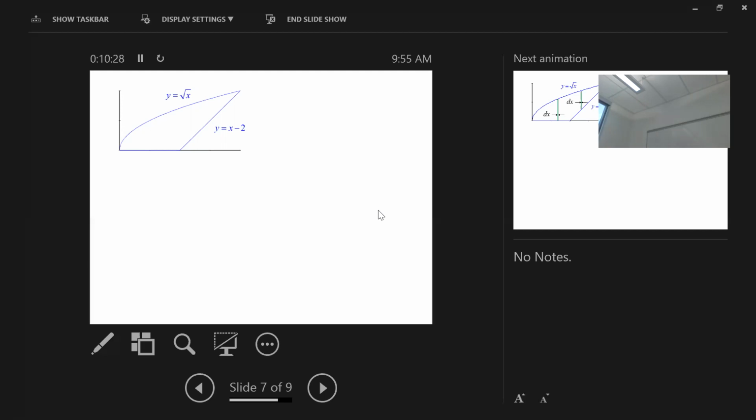One to the right. Well, one to the right, they don't meet. 4 to the right, they meet. Okay? Why don't they meet at 1 to the right? Why not?